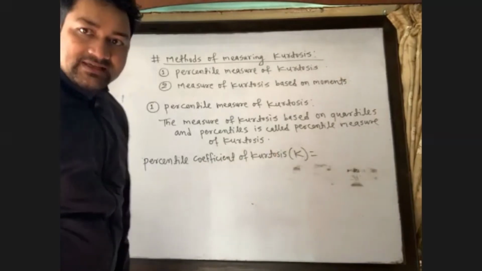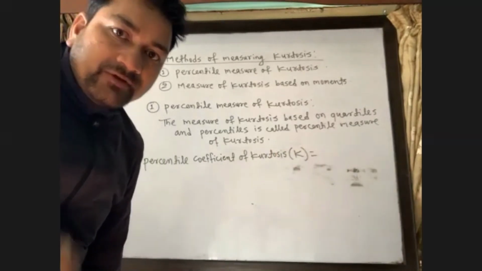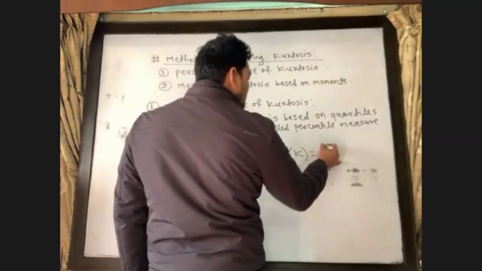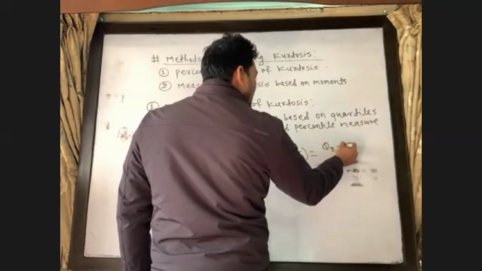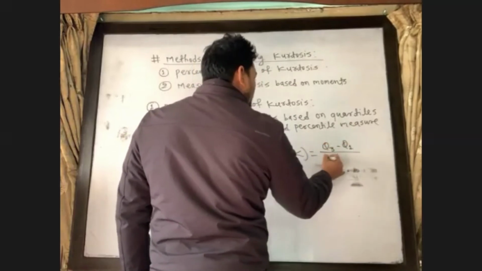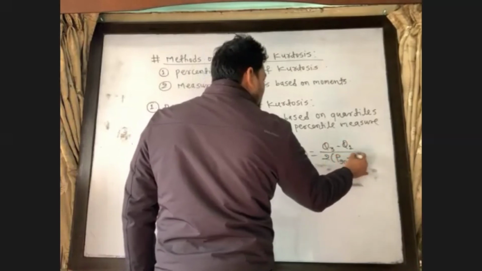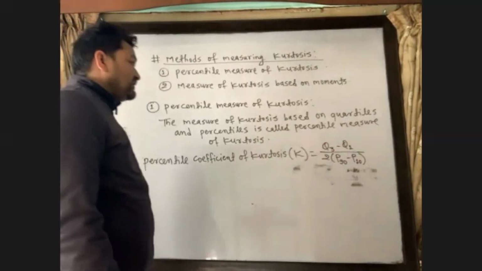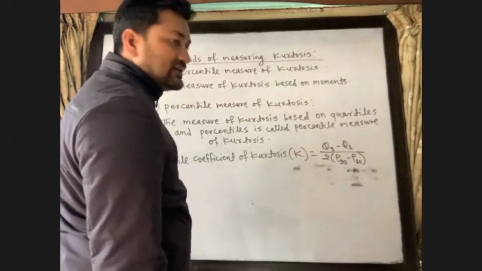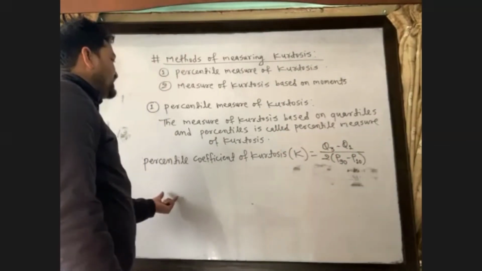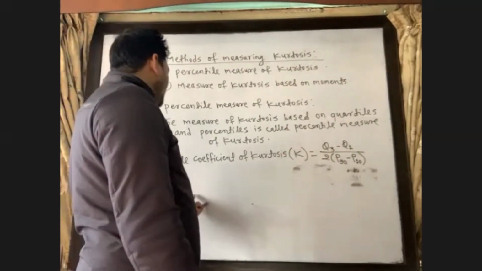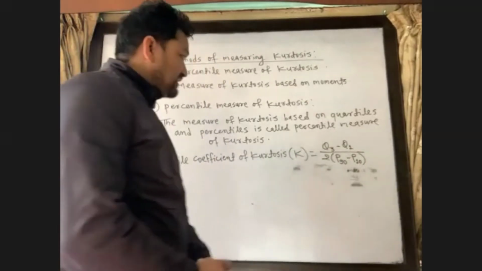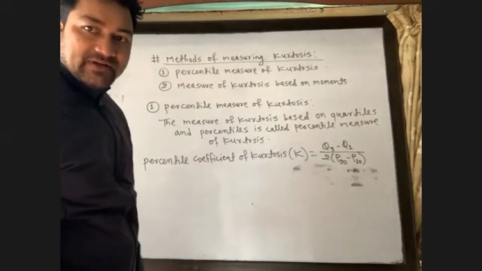Percentile coefficient of kurtosis भनेको just you have to denote it by k. यसको फर्मुला हुन्छ Q3 minus Q1 divided by 2 bracket P90 minus P10. यो percentile coefficient of kurtosis.